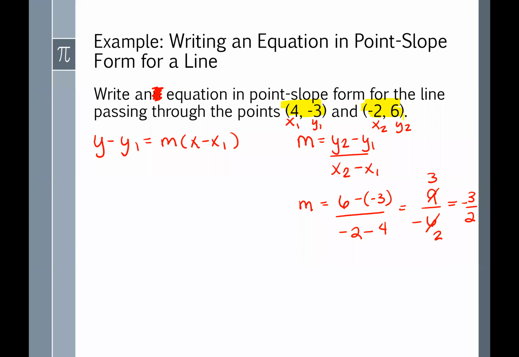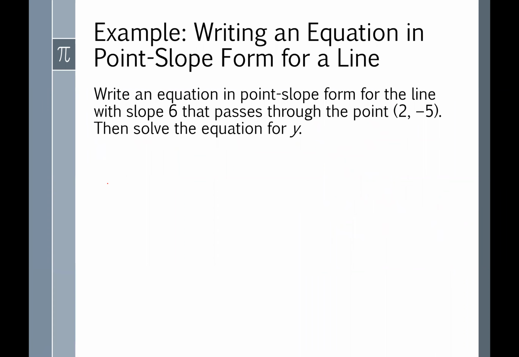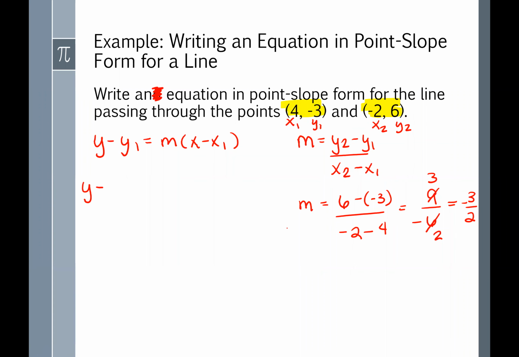So I just use the first point because it's the first point. Okay, so we're going to have y minus -3 equals my slope, -3/2, times x minus 4.